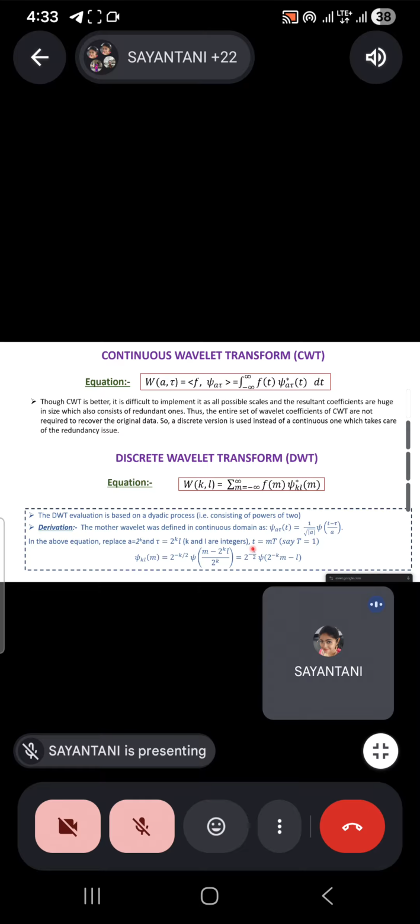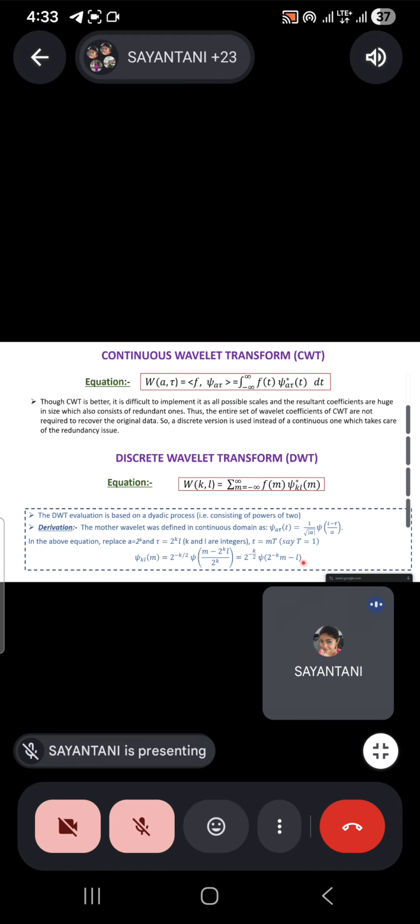You know how to go from a continuous domain to a discrete domain; you must have studied it in your signal processing classes. You set t equal to mT, which means you convert those continuous signals into discrete samples. If you put these values in and solve it, you get this output. So this is the discretized version of your mother wavelet.